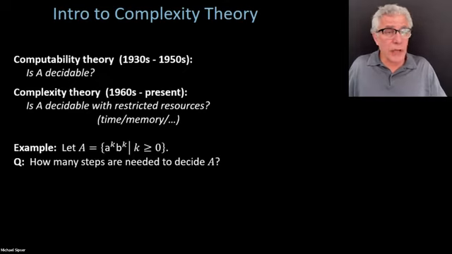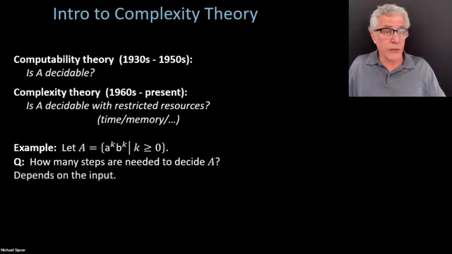Well, we're going to spend a little time just setting up the definitions of the subject and motivating them. So for this language A, when I ask how many steps are needed, it's going to depend upon which input you have in mind. Some inputs might require more steps than others.